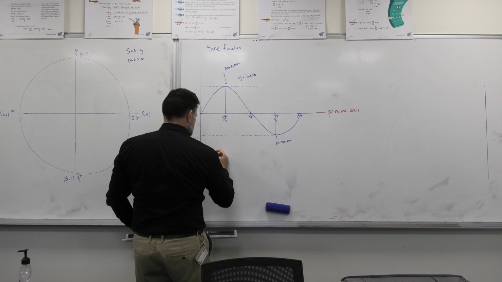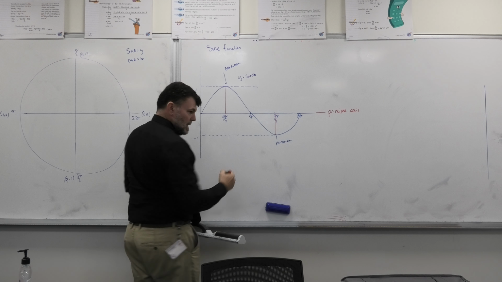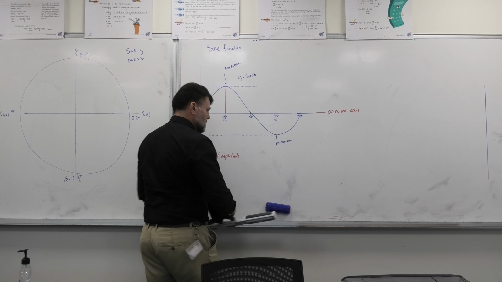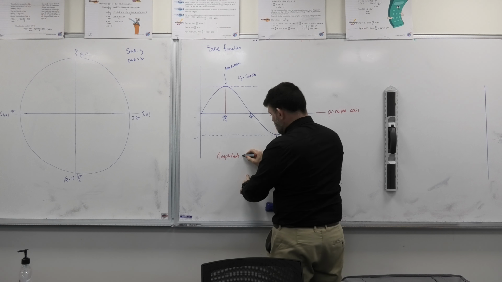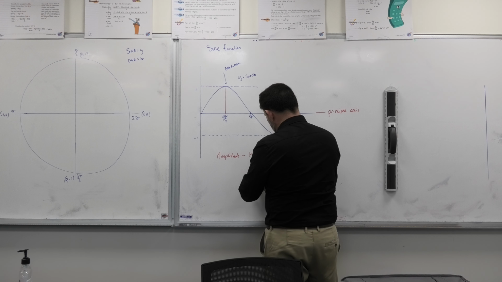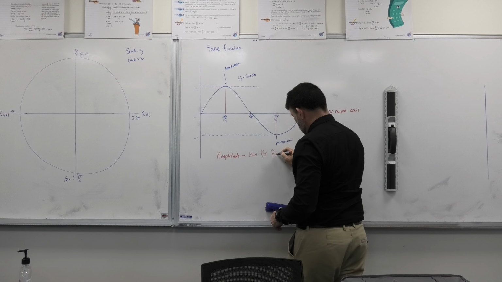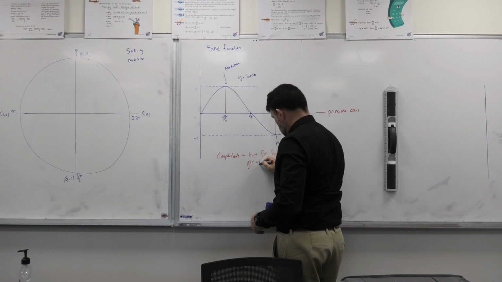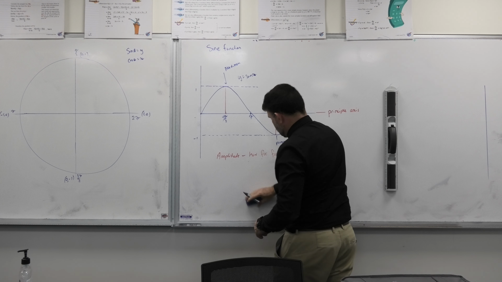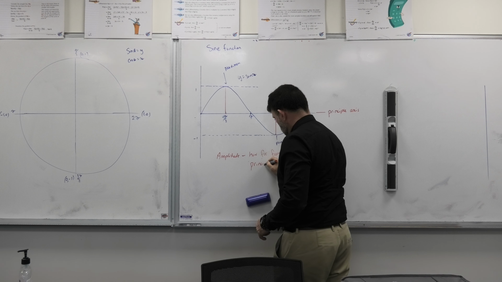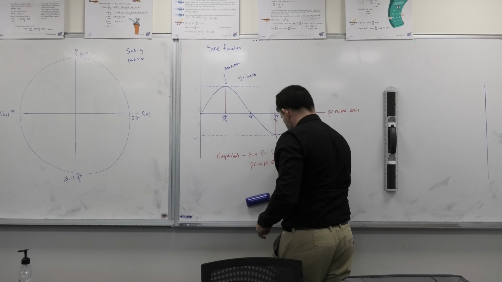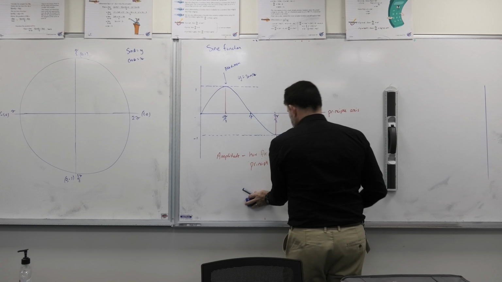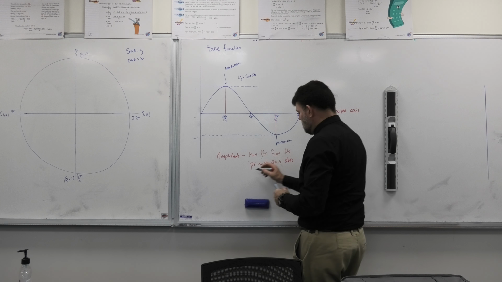So the amplitude is how far from the principal axis the maximum and minimum move.